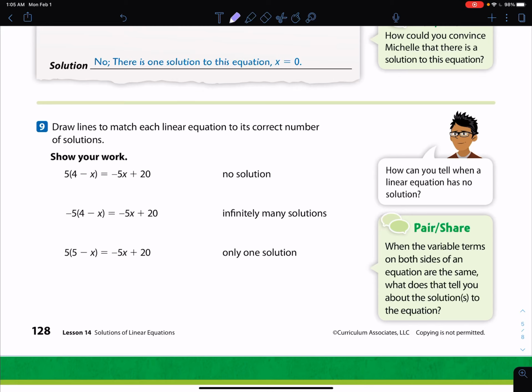All right, day 3, number 9, draw lines to match each linear equation to its correct number of solutions. So let's just review how to figure out which one of these match to. With no solution, the variable terms match, but the constants don't.